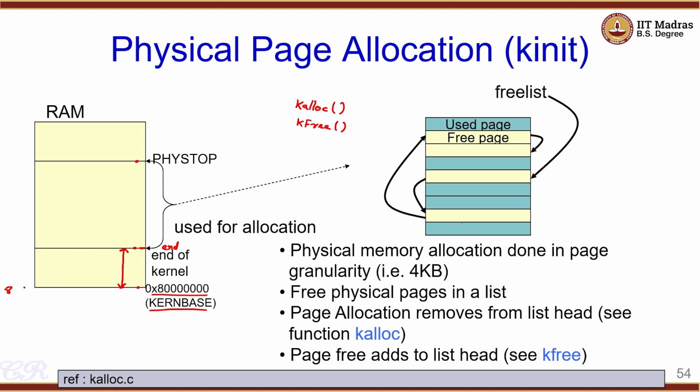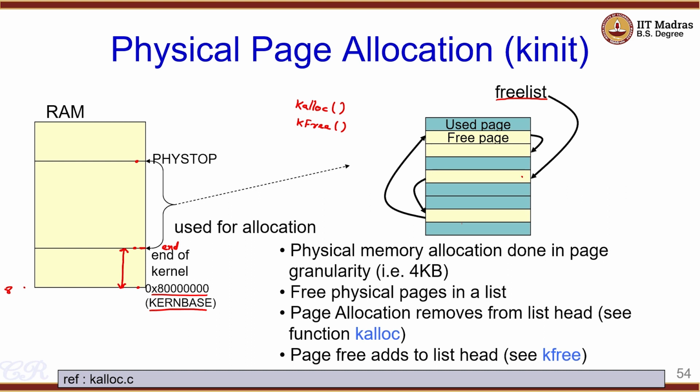Okay, so internally, to manage all this memory, the operating system xv6 creates what we call a free list, right? So every page which is free becomes part of this free list, which is essentially a linked list. We have the head of the linked list pointed to by this location, freelist.